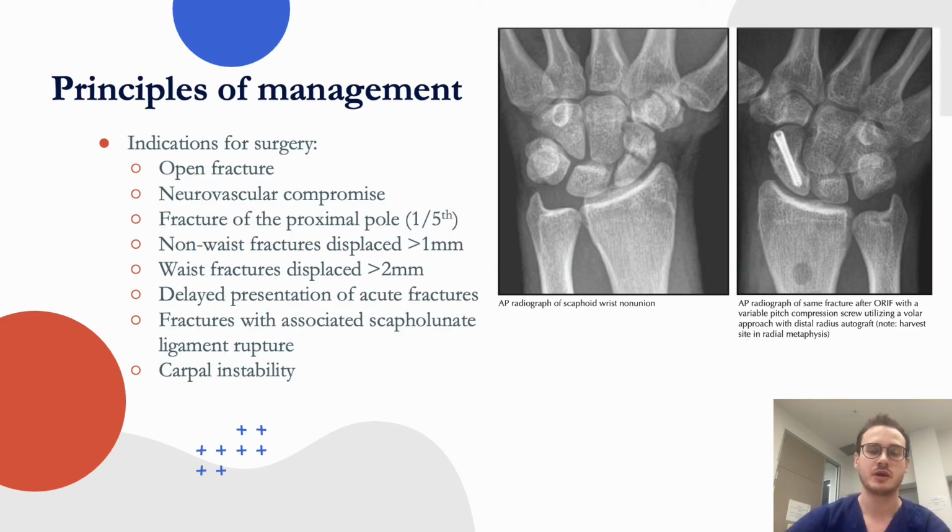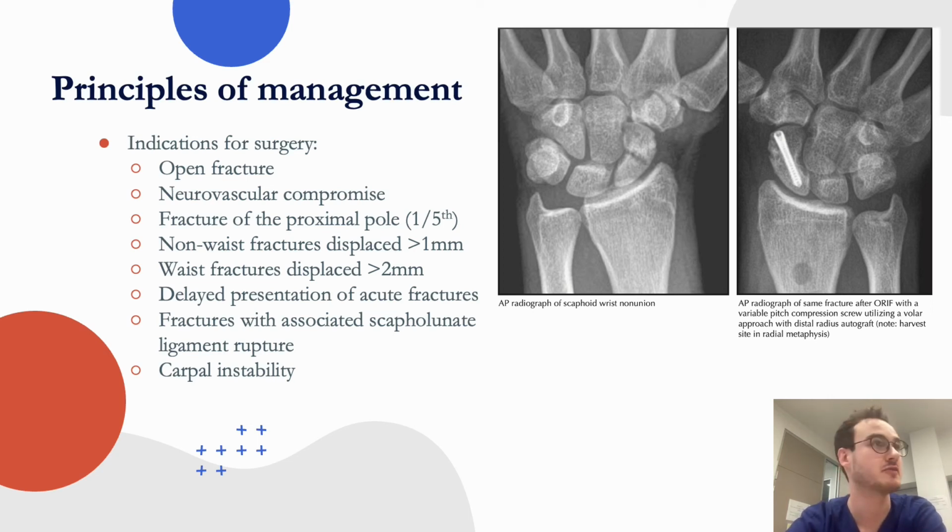And so in terms of operative management for scaphoid fractures, there are several. If the fracture is open or the patient demonstrates neurovascular compromise, you'd want to perform surgery. If the fracture is of the proximal 1/5 of the scaphoid, that is an indication for surgery as well. Like we were talking about before, displacement of fractures is an important consideration, and if it's a non-waist fracture that's displaced more than 1 millimetre, or if it's a waist fracture displaced more than 2 millimetres, you'd want to perform surgery.